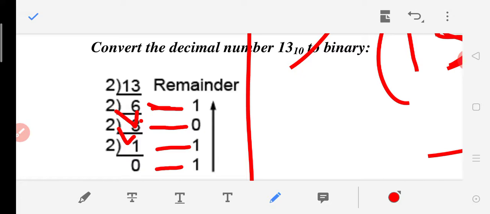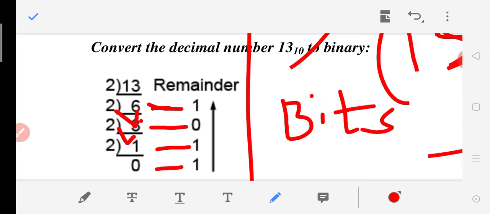In the binary number system, zeros and ones are there. So these numbers are called bits, binary digits. Simply, a binary digit is called a bit.